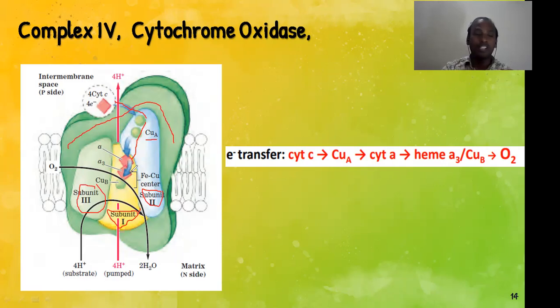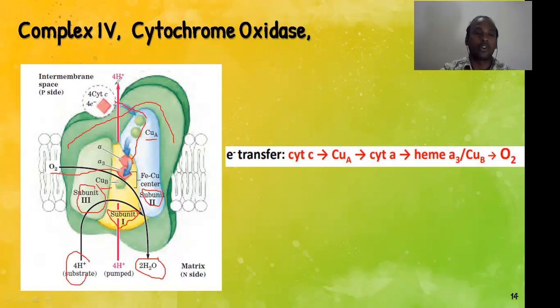At this particular stage, the molecular oxygen interacts with A3. You can see this molecular oxygen interacting with A3 as well as CuB, the copper B center, and from this it goes to a peroxidized state, and finally it takes 4 protons from the matrix and is converted into 2 molecules of water.